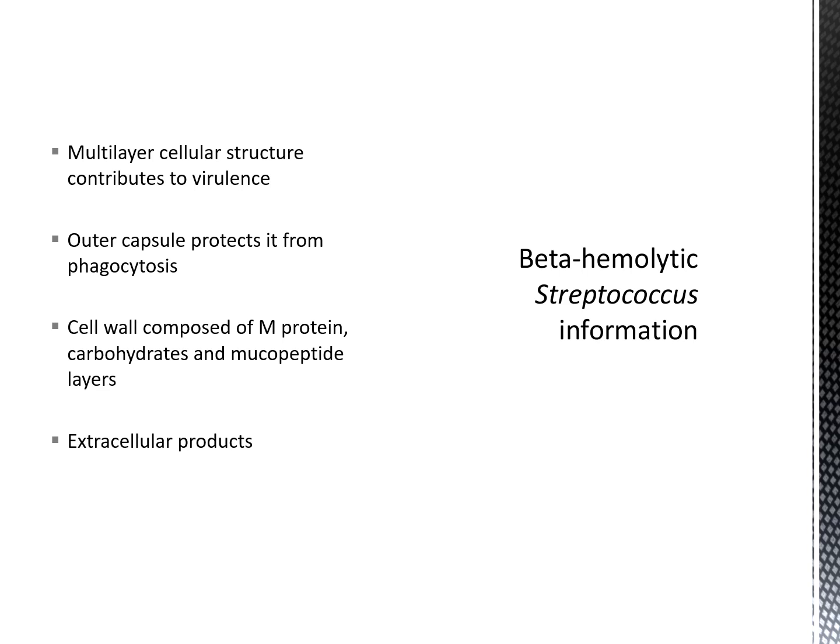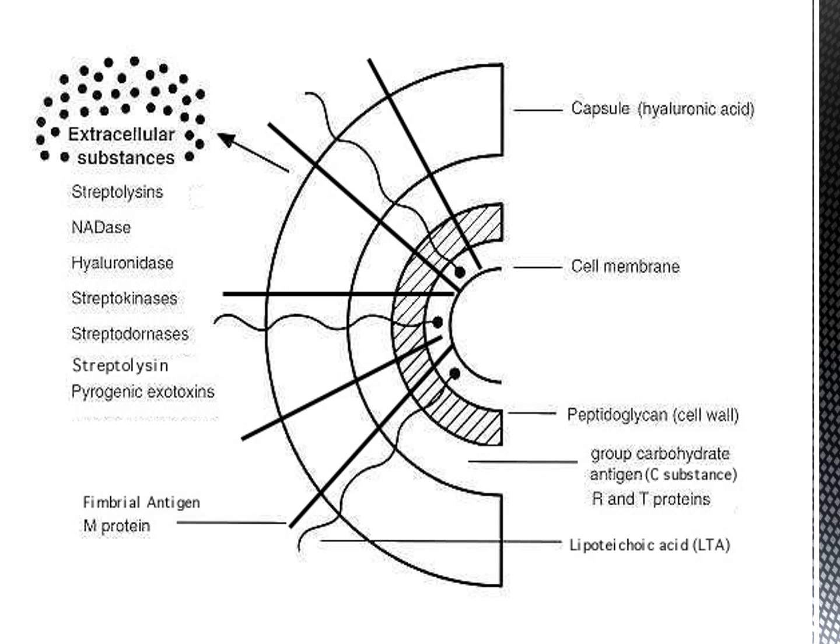Streptococcus Group A also has extracellular products that contribute greatly to its virulence. Some of those extracellular products would be streptolysins, erythrogenic toxins, streptokinase, streptodornase, and things like that. Here we can look a little bit closer at the cell membrane and the capsule of the Streptococcus Group A organism. It has a capsule that prevents phagocytosis, and then there are extracellular substances like streptolysins, which contribute to cellular lysis.